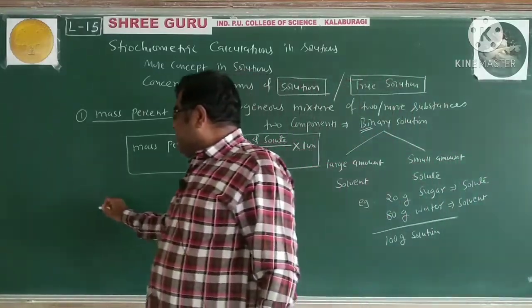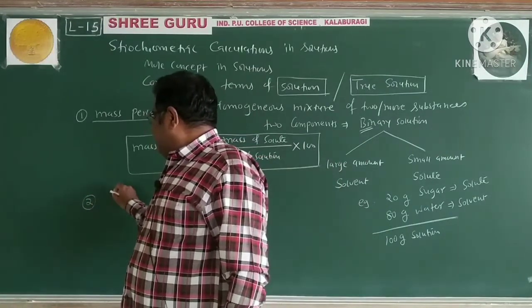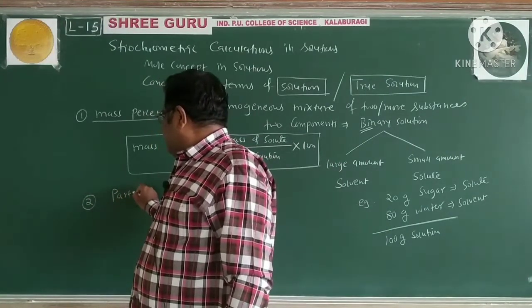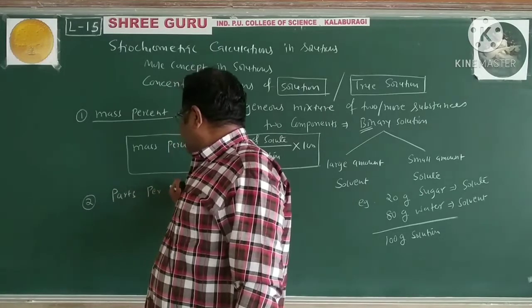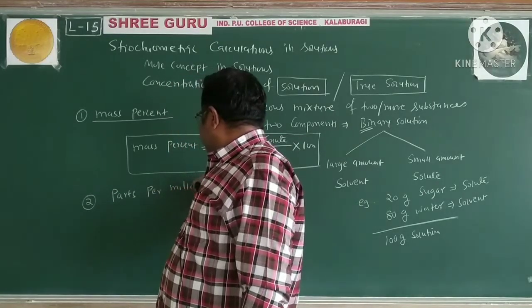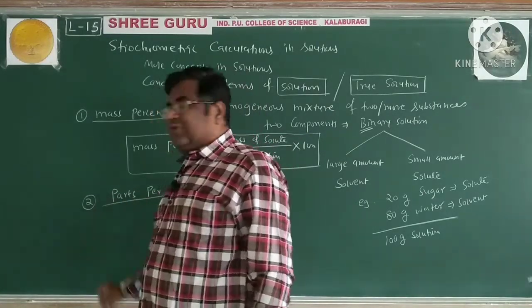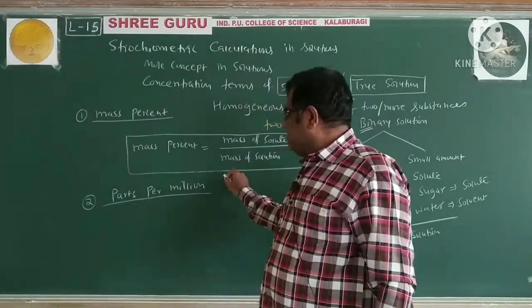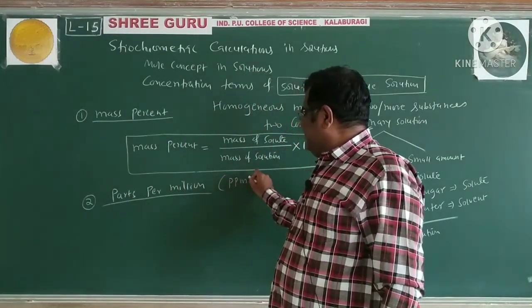One more similar method, we call it parts per million. In short form, it is written as ppm.